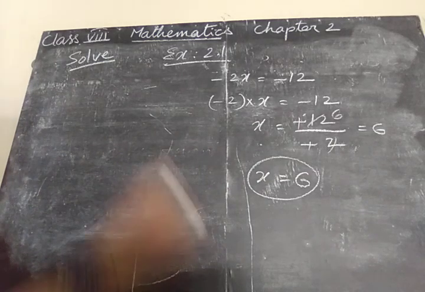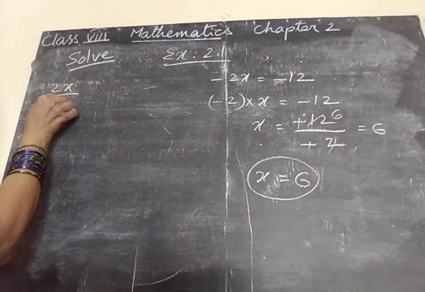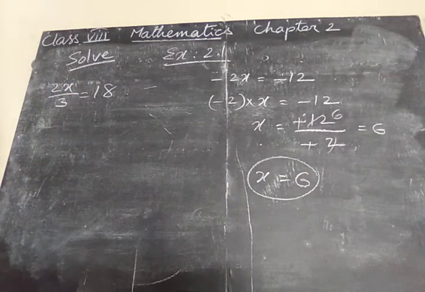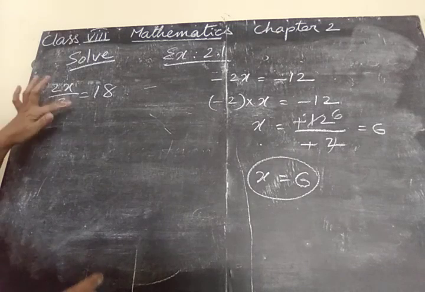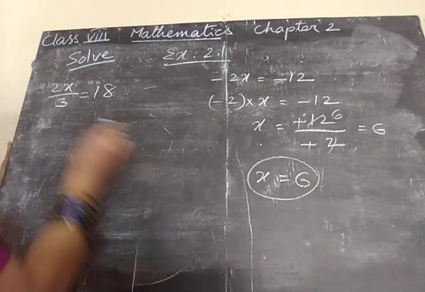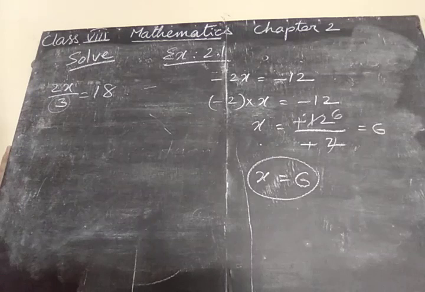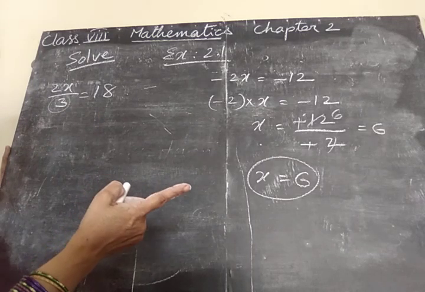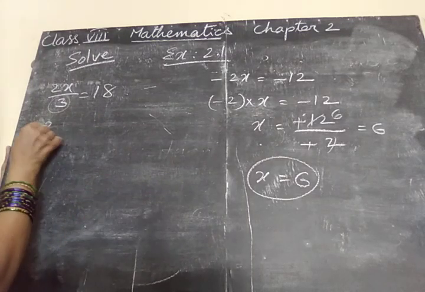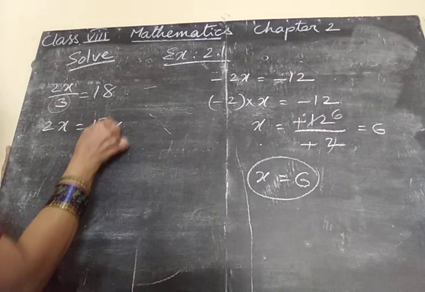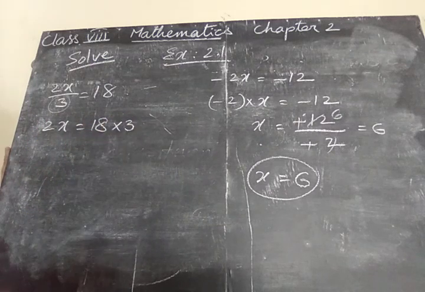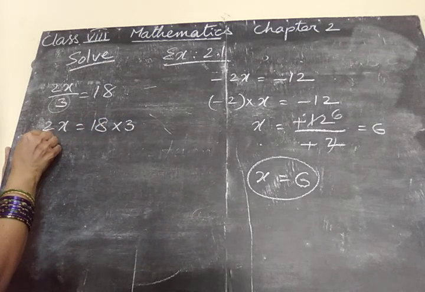See the next one. 2x by 3 is equal to 18. Here, first transpose the divide by 3. While transposing, it becomes into 3. So 2x is equal to 18 into 3. Now here it is 2 into x.